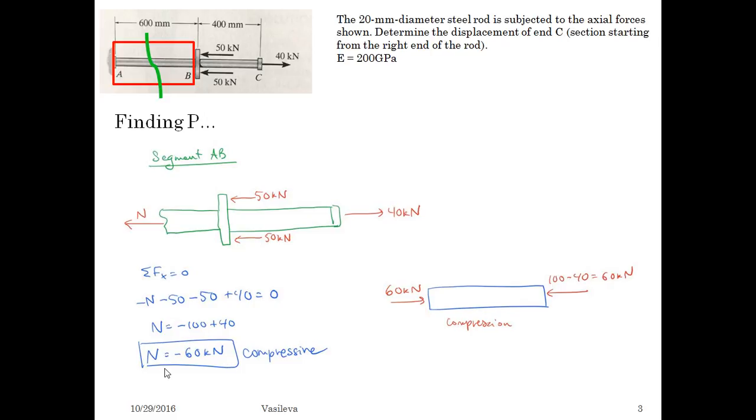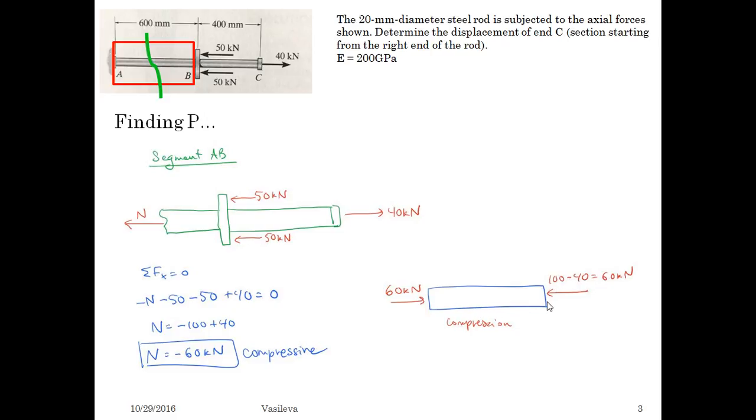Okay, it's negative, which means that the way that I drew it initially is incorrect. It should actually be pointing inward. So overall, my normal force is going to be 60 kilonewtons inward, or facing to the right. And then if you look, you have an equivalent 60 kilonewtons pressing inward towards the rod on this side by taking 100 minus the 40.